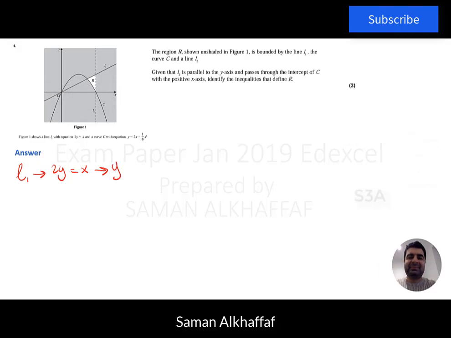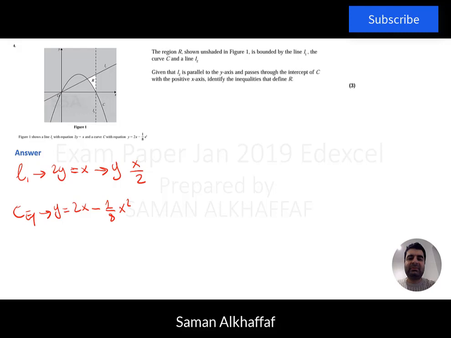We will find the range in terms of whether it's bigger or smaller shortly, so we'll come back to this part very shortly. But first we will also look at the equation of the curve, which is y equals 2x minus 1 over 8x squared.